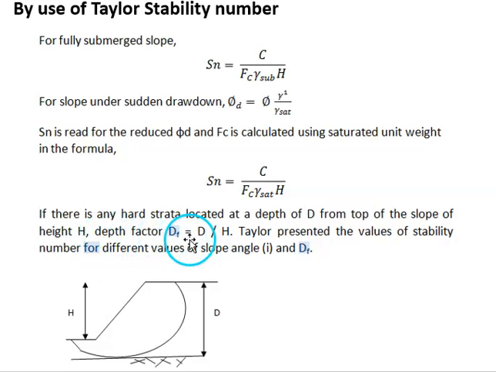This depth factor equals the depth of the hard stratum divided by the height of the slope. Taylor presented the values of stability number for different values of slope angle and Df. So there is another table available to find the stability numbers for the given i value and Df values.